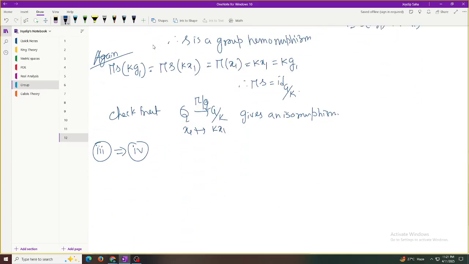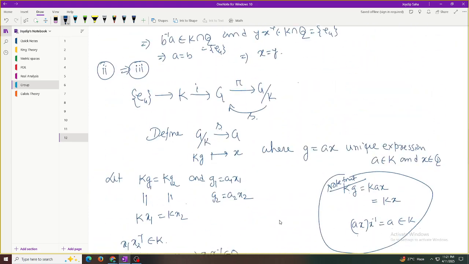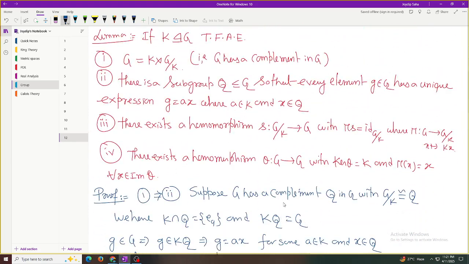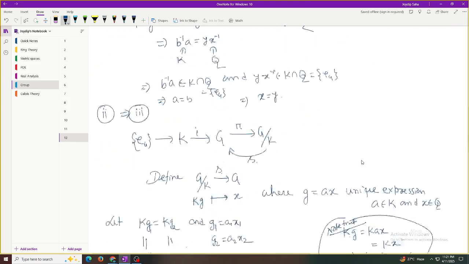You have pi, G to G mod K, and S, G mod K to G. So G to G, take theta equals S compose pi. Then what is the kernel of theta? You have to show that kernel theta equals K and pi x equals x for all x belonging to the image of theta.